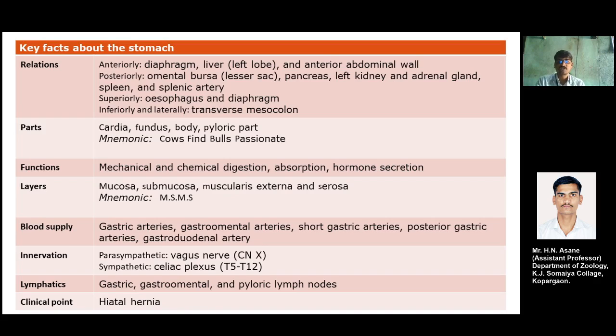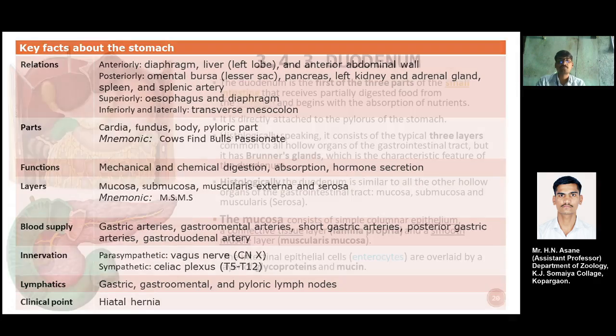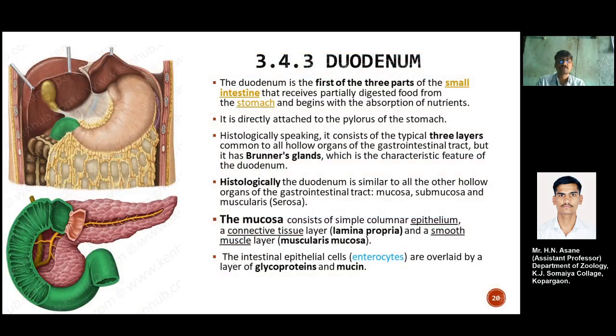In today's session the topic is the duodenum. The duodenum comes after the stomach, as soon as the pylorus part ends. After that, the pyloric sphincter opens into a wide portion of the duodenum.